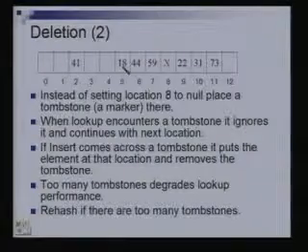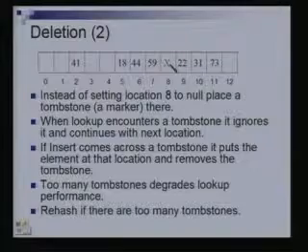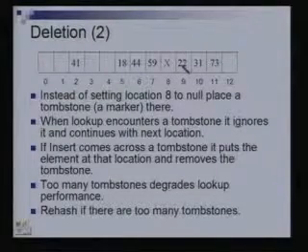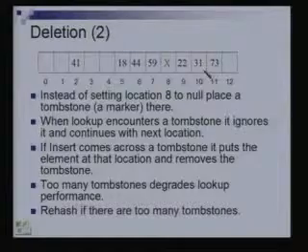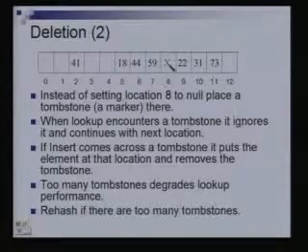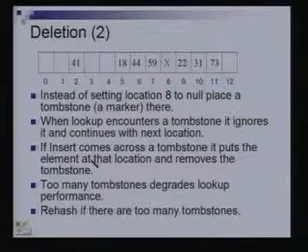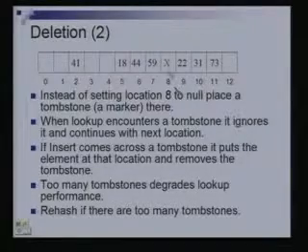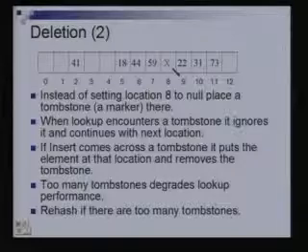I would come to this location, go here, see an X here and not null, see a tombstone here, continue till I find either a null location or 31. So I found 31, so I declare 31 is there. So when a lookup encounters a tombstone, it ignores it and continues. When an insert encounters a tombstone, it will put the element at that position. We have kind of reclaimed this space.